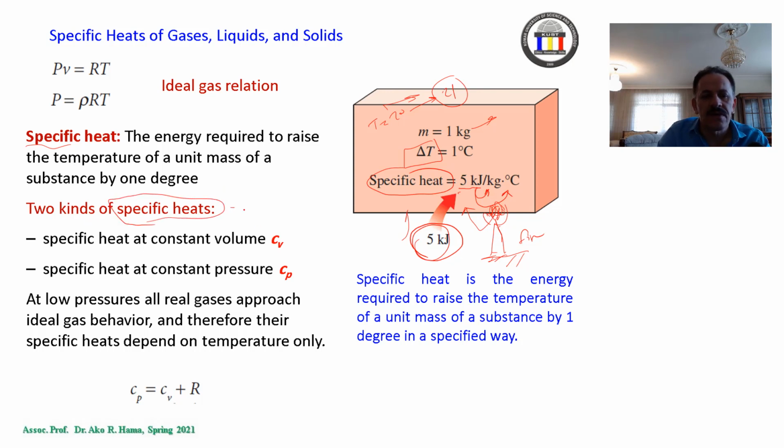We have the specific heat while we keep the volume constant. It means that for 1 cubic meter of this substance, I want to increase its temperature by 1 degree Celsius or 1 Kelvin.